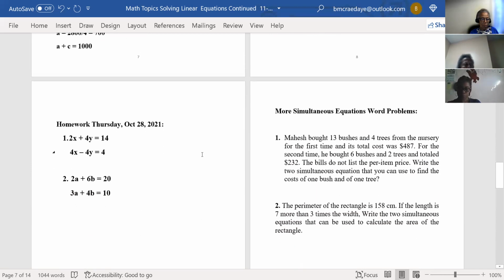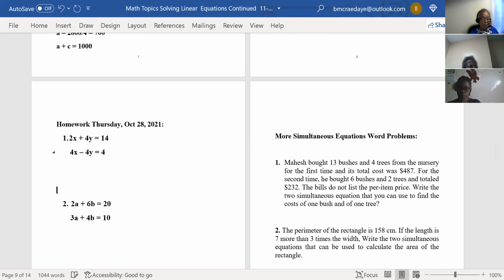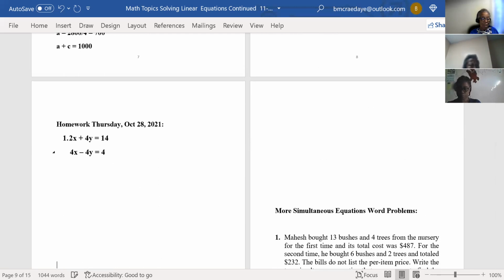Notice you have the same variable and coefficient in both equations, right?